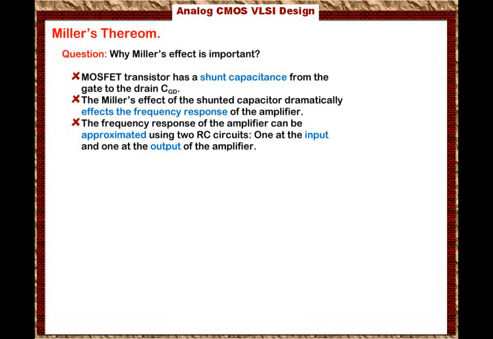So that's why we are studying Miller's theorem in this particular course, because MOSFET transistors have a shunted capacitor from the gate to the drain. This shunted capacitor experiences the Miller's effect, which means that you're going to have a capacitance at the gate and a capacitance at the drain, and the capacitance at the gate will be much bigger than the capacitance at the drain.